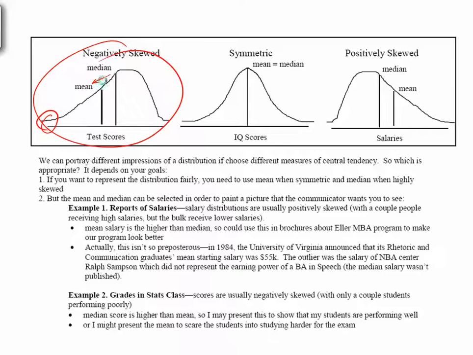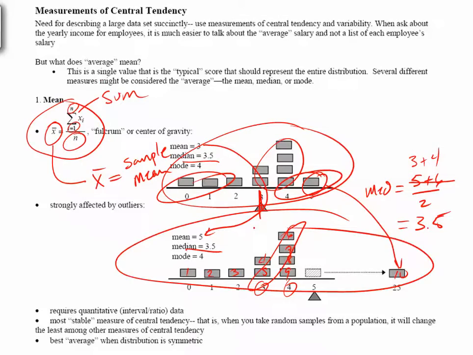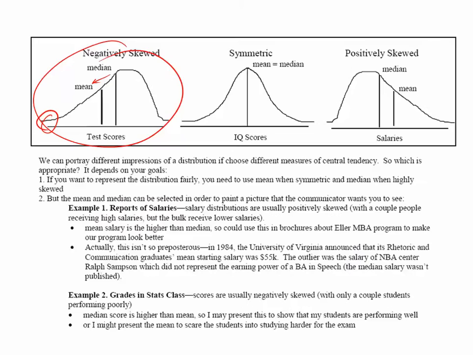In our previous example, back two slides, this would be an example of a positive skew, because this mean is going from 3 to 5. It's pulling that mean to the right. So with a positive skew, the mean is higher than the median. In a negative skew, the mean is less than the median. If we have a symmetric distribution, then the mean would equal the median.